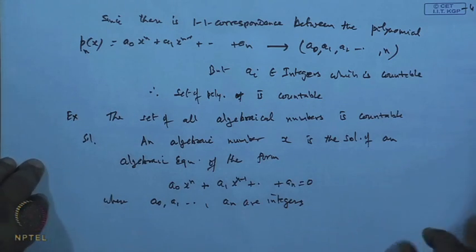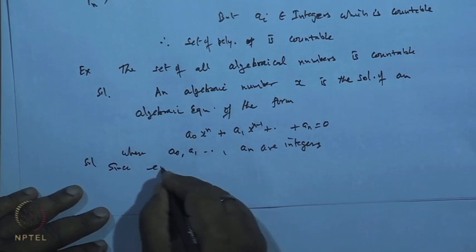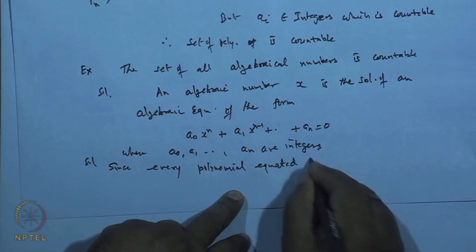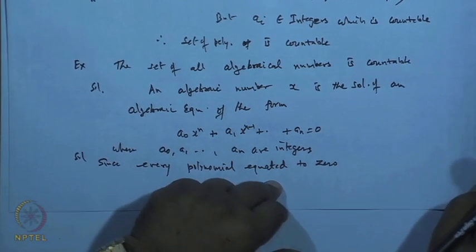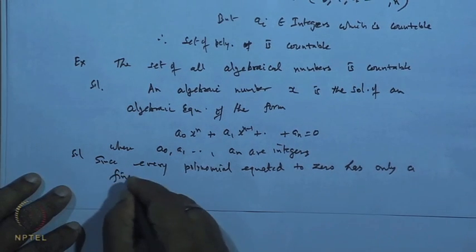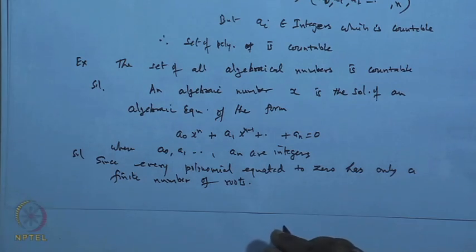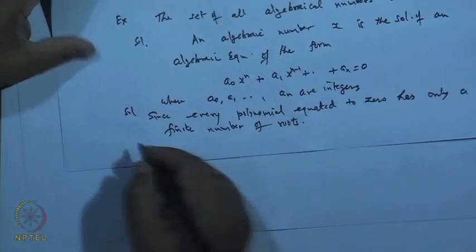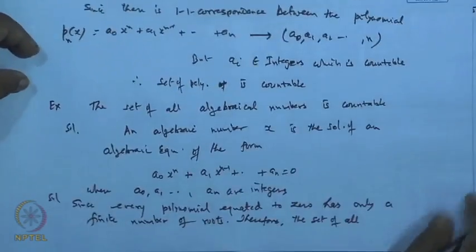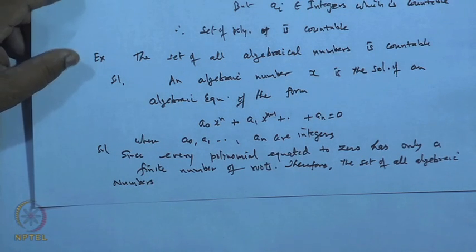We can write it like this: since every polynomial equated to 0 has only a finite number of roots, therefore the set of all algebraic numbers forms a countable set.